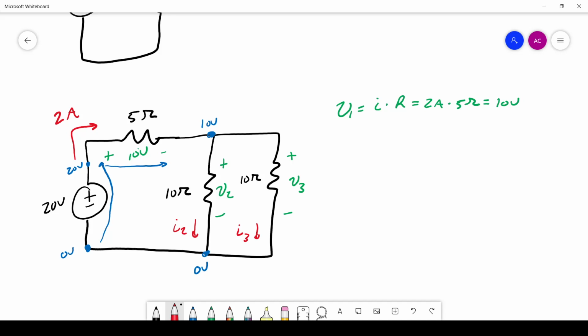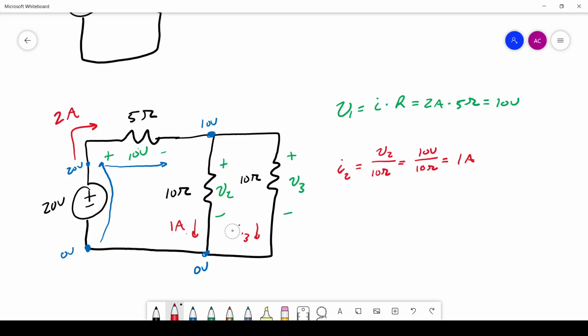Now we just have to do Ohm's law. So I2 is equal to V2 divided by 10 ohms. We know V2 is 10 volts, so 10 volts divided by 10 ohms gives us 1 amp. So I2 is 1 amp.